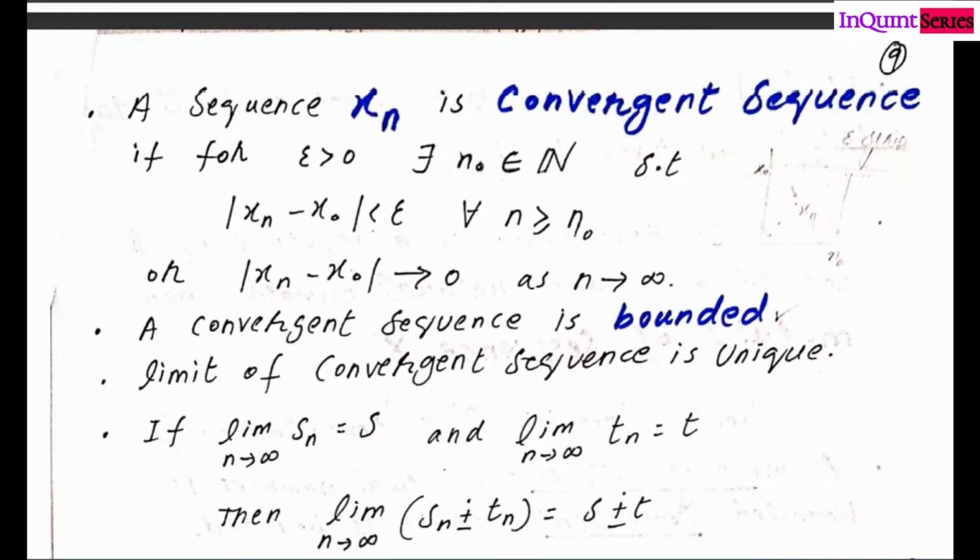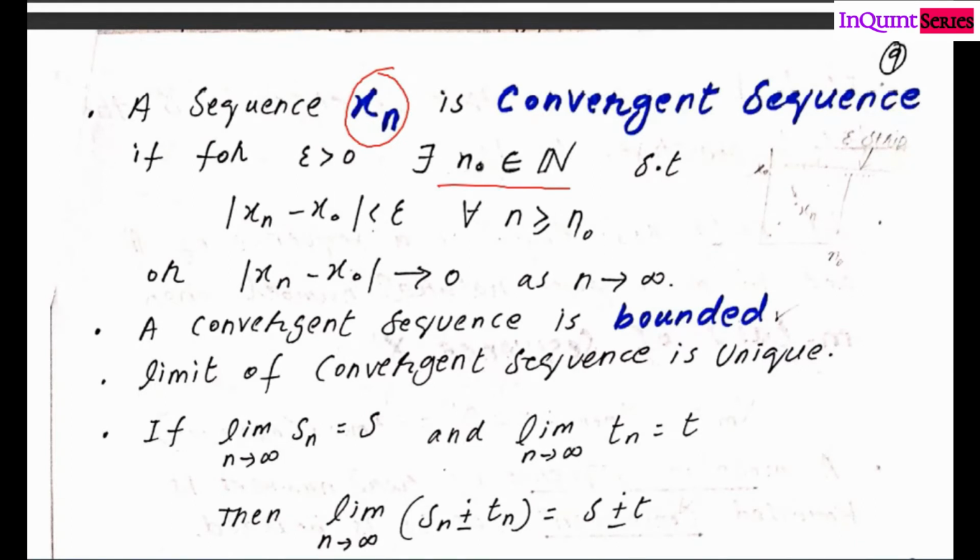A sequence xn is said to be a convergent sequence if for epsilon greater than 0 there exists n naught belonging to the set of natural numbers such that |xn minus x naught| is less than epsilon for all n greater than or equal to n naught.